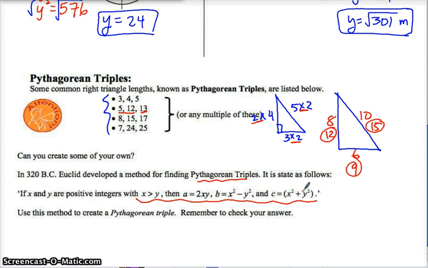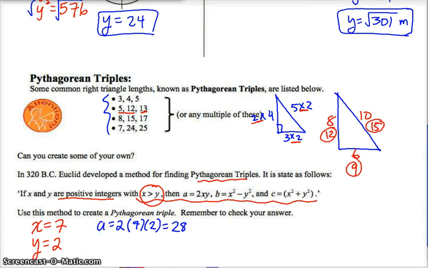Okay, so let's check it out. Let's try one. So you can pause now and do one on your own, or you can follow me. So I'm going to say let's make x 7 and y equal to 2. So are they both positive integers? Yes. Is x greater than y? Yes. So what does a equal? A equals 2 times x times y. So a equals 28. B equals x squared minus y squared.